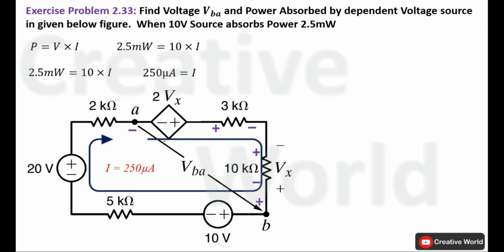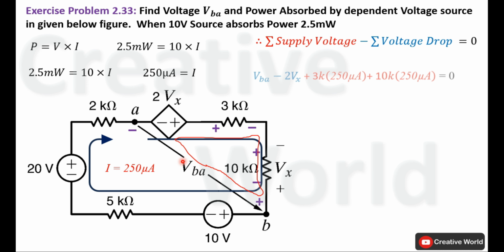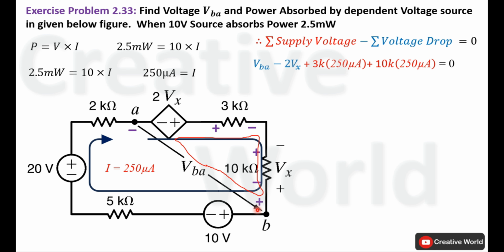For that purpose, we will apply Kirchhoff's voltage law inside this semi-closed loop. The basic equation of Kirchhoff's voltage law is provided here. We will use this equation to calculate voltage VBA. Start writing Kirchhoff's voltage law from here. Current entering terminal is positive.